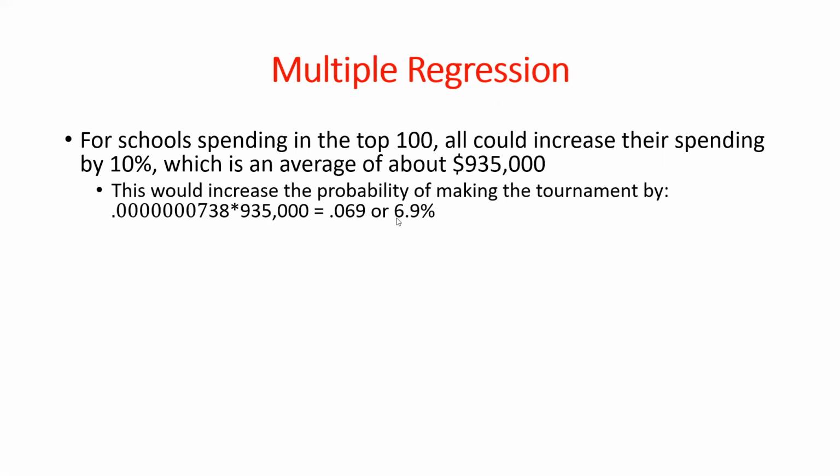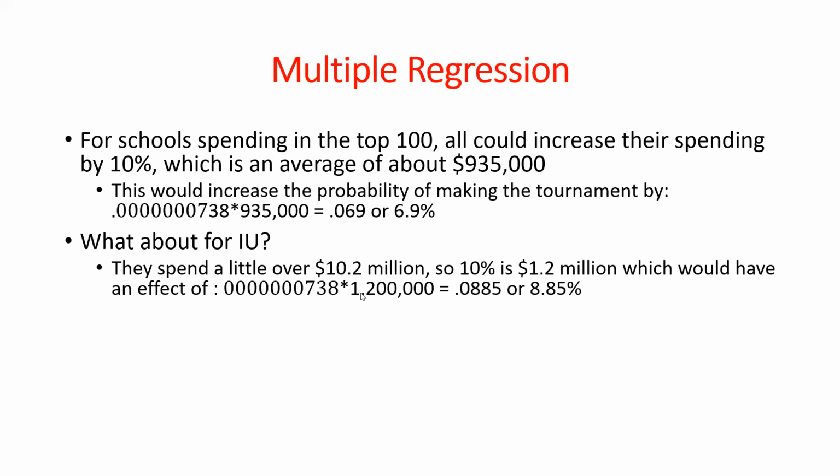Or if we want to turn that into a percent, multiply by 100. So the probability of making the tournament, if you increased your budget by 10% and you were in the top 100 schools, would go up by about 0.069, or you'd increase your chances of making the tournament by about 6.9%.